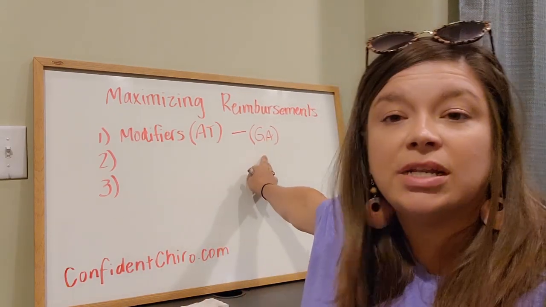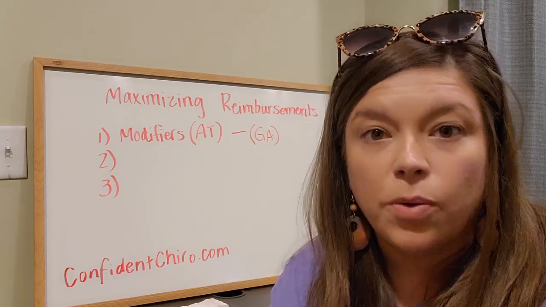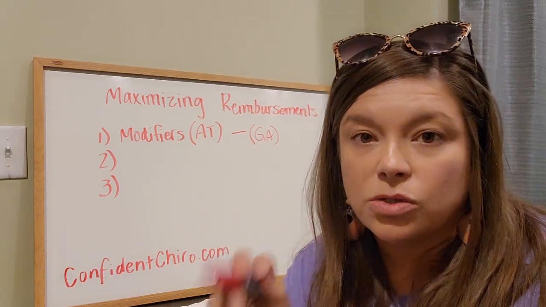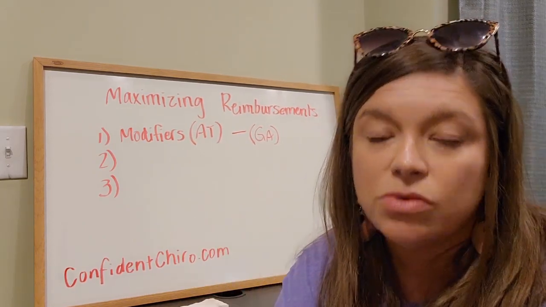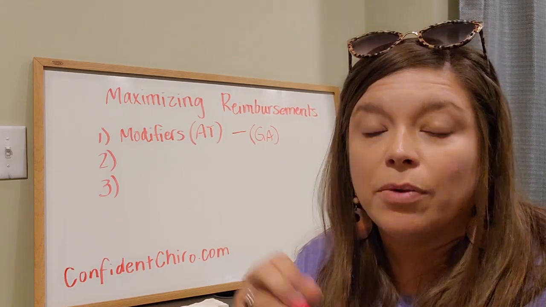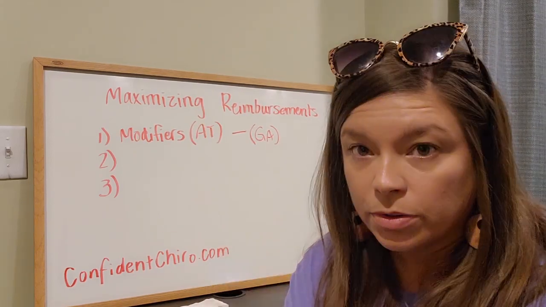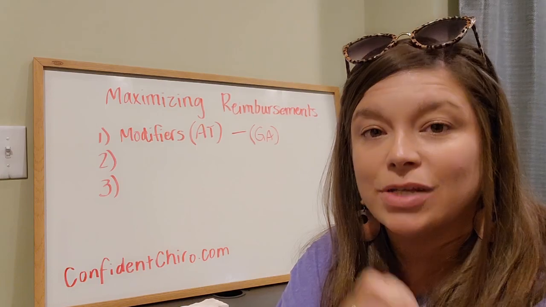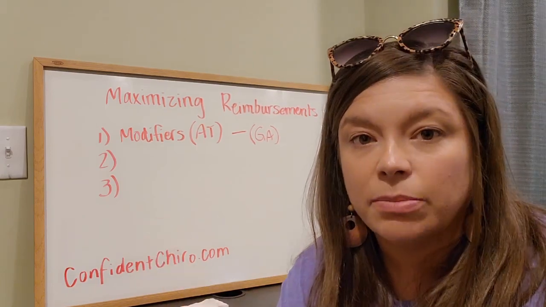When we give the patient an ABN and let them know, hey, this care is not covered, we can switch that modifier from the AT to the GA, allowing you to bill Medicare properly. But Medicare is going to deny it and show it as patient responsibility.